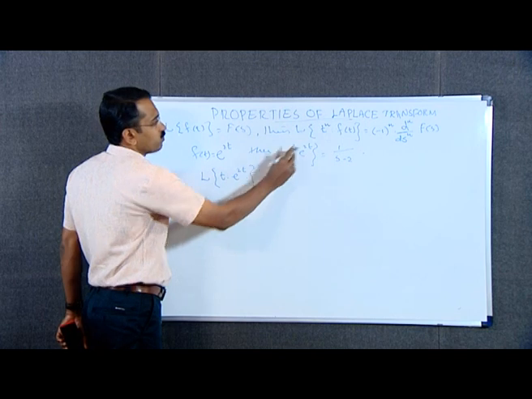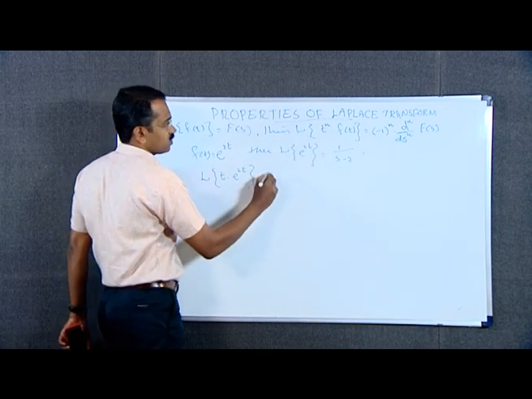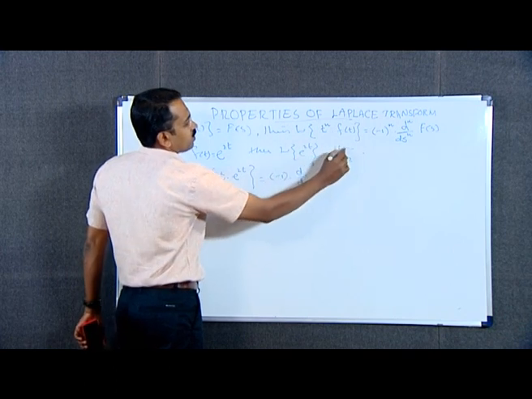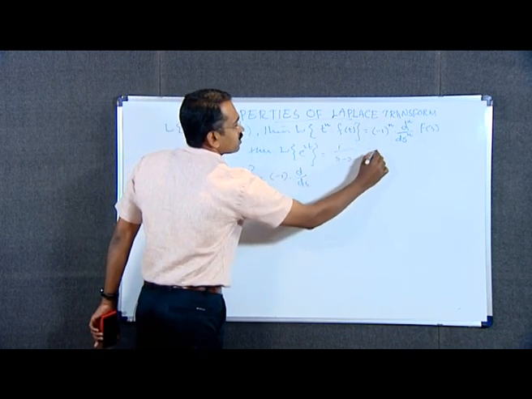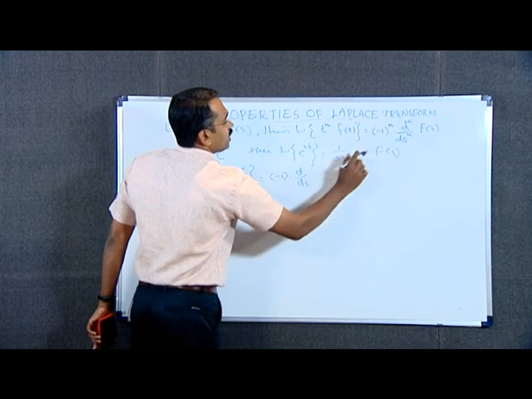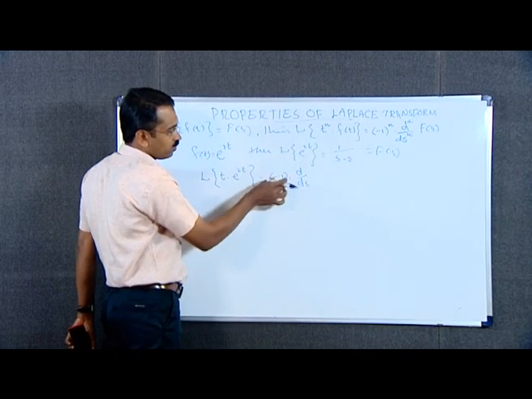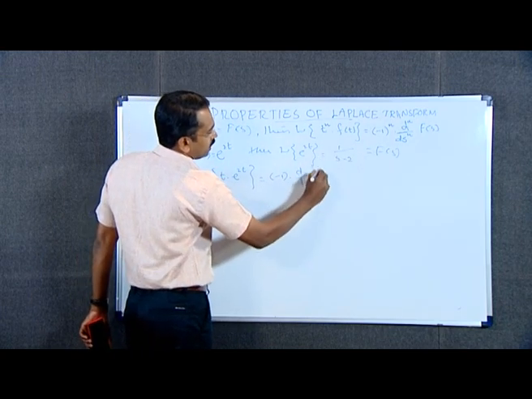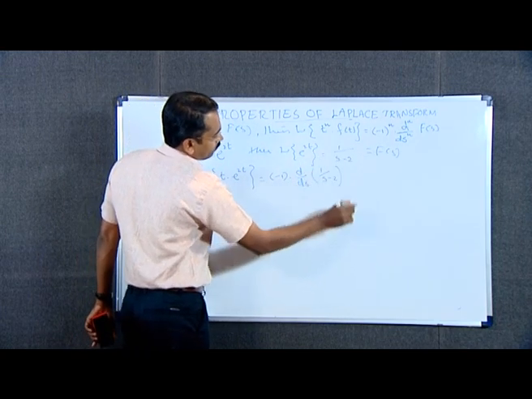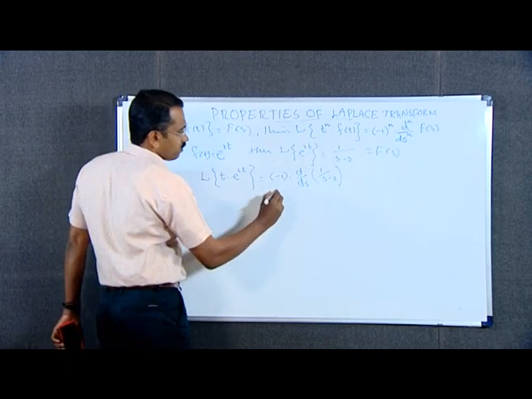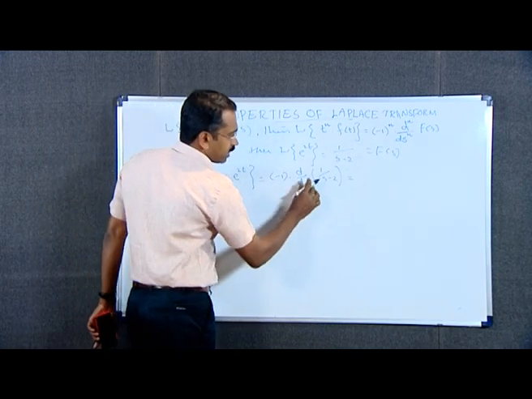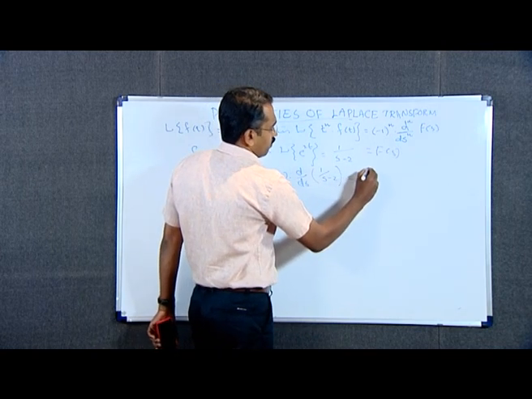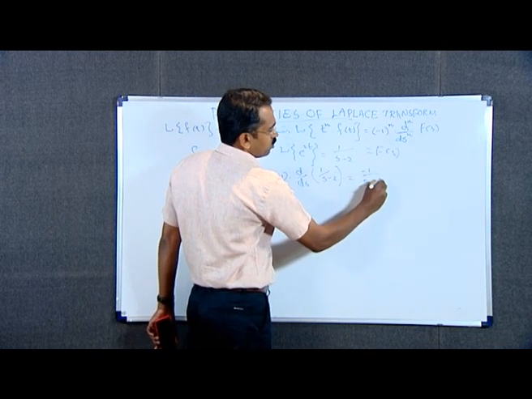which is equal to, by this property, minus 1 into the first derivative of f of s. Here f of s is 1 by s minus 2. Therefore, this is equal to minus 1 into d by ds of 1 by s minus 2, which is equal to, the derivative of 1 by s minus 2 is minus 1 by s minus 2 the whole square.